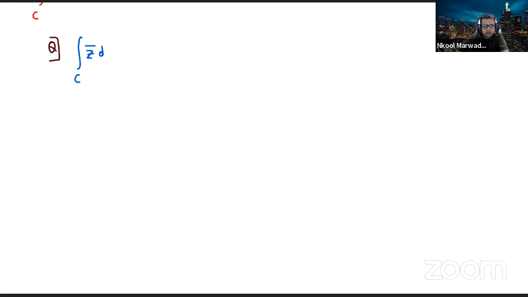And here x is 3t, x is given, y is given, and the interval is given. So in the question, you will be given something like this.